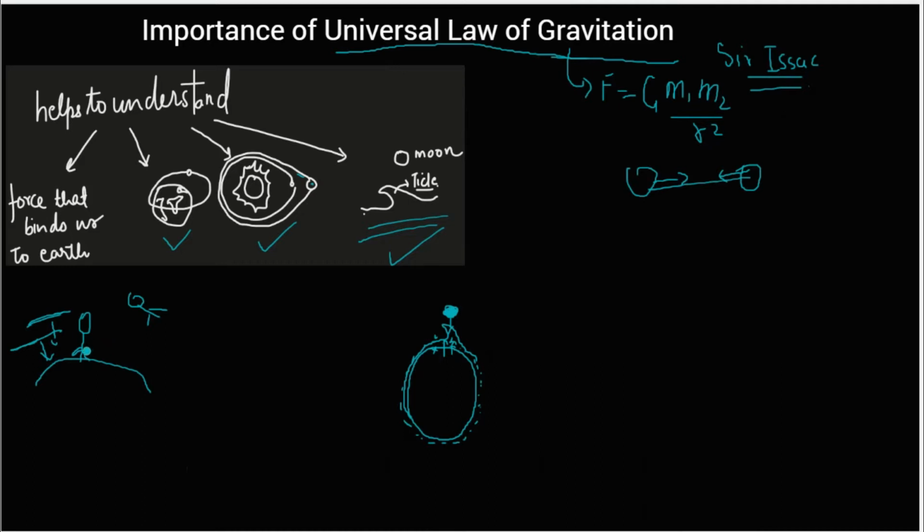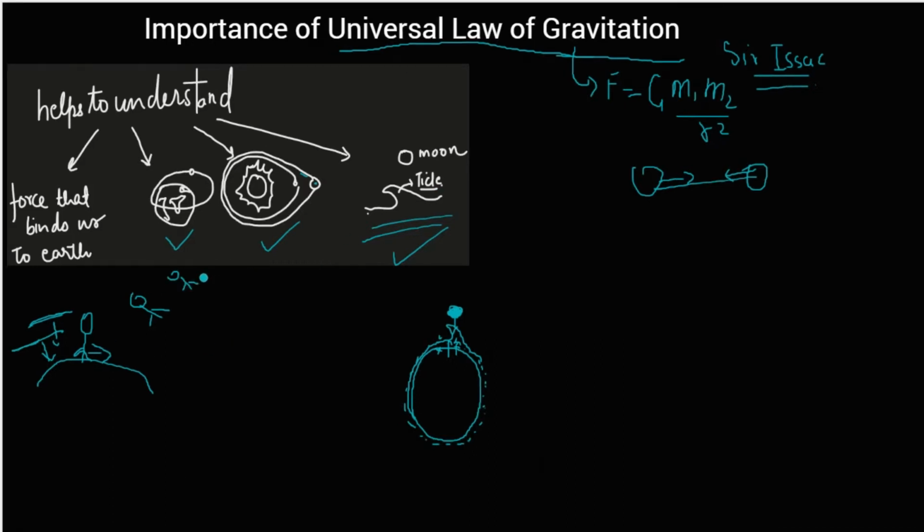We can walk, talk, sit, and jump because of gravitation. But when astronauts go up to space, they just float around. They have a very difficult life there. They can't sit, they can't walk. But we on the earth enjoy the power of gravitation, and we can walk and jump around.